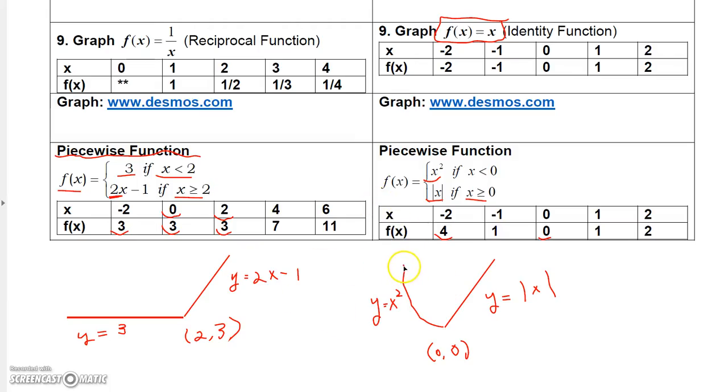Forgive me for not drawing a real pretty parabola here, but you've got the parabola coming down like that, and then when you get to (0, 0), you change trains and you get on that absolute value function. So that's what it looks like. And that's basically what a piecewise function consists of: 2 or more graphs that break at a particular point.